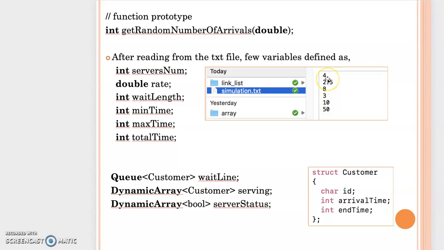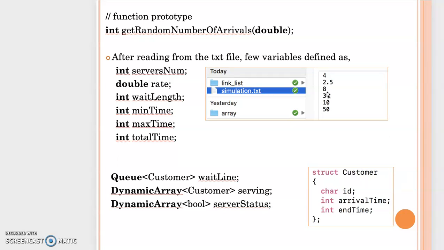The first number means how many servers. The second number is the new arrival generate rate. The next one is the waiting length, which means the maximum length of the waiting line. Each customer will also be served for some range of time.